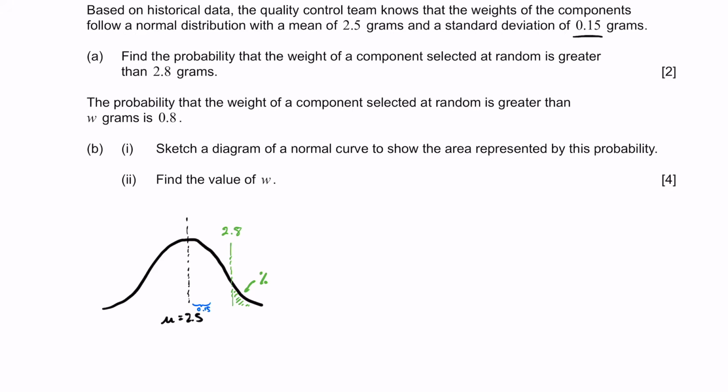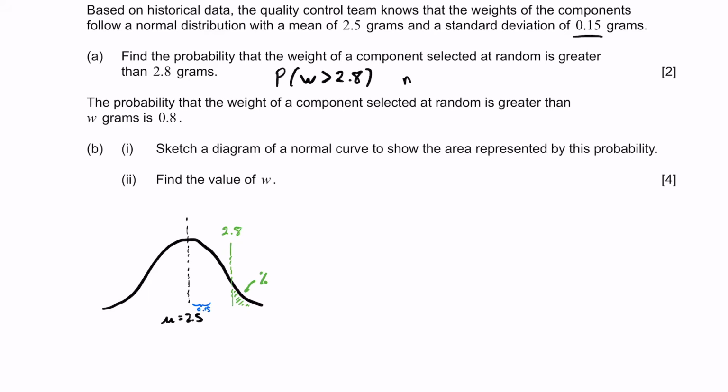So let's see. If we wanted to write this out a little more formally, I suppose, we could write this out as the probability that weight itself is greater than 2.8. And then we could write our answer for that. The IB also accepts calculator notation as well.